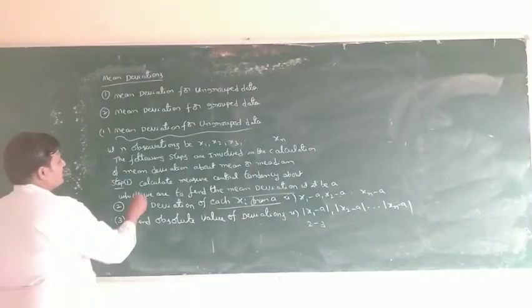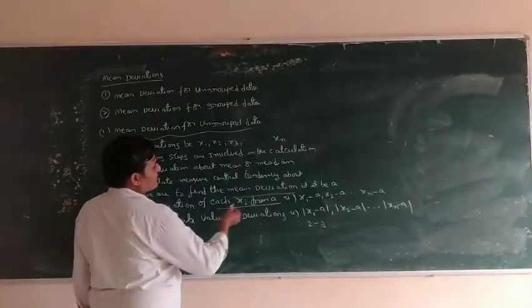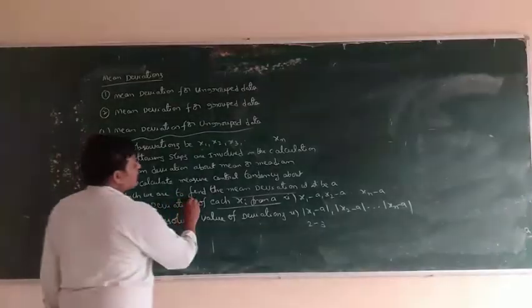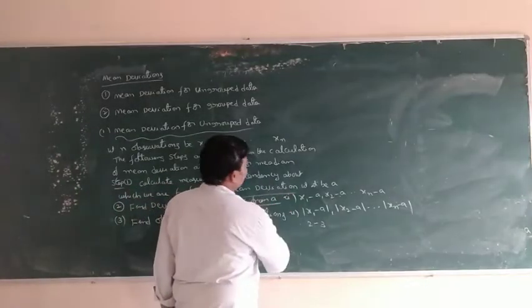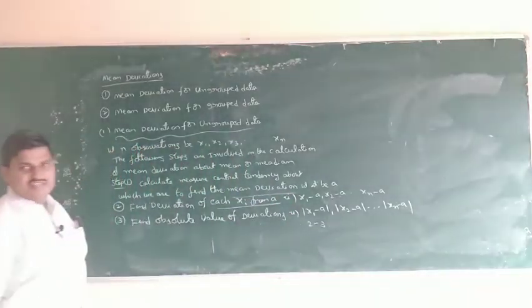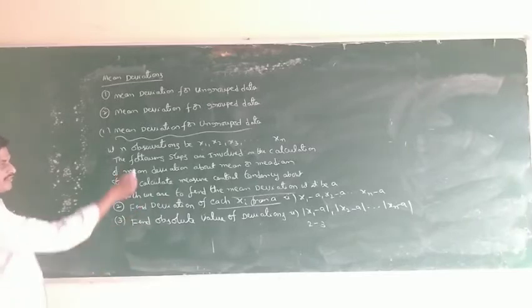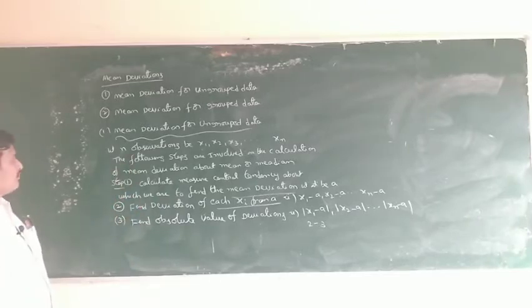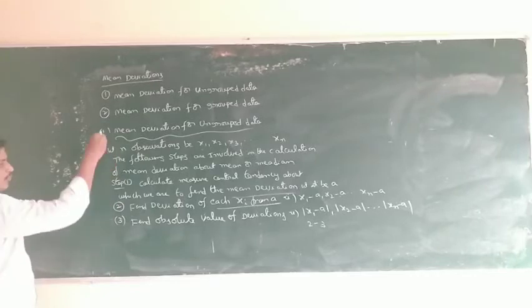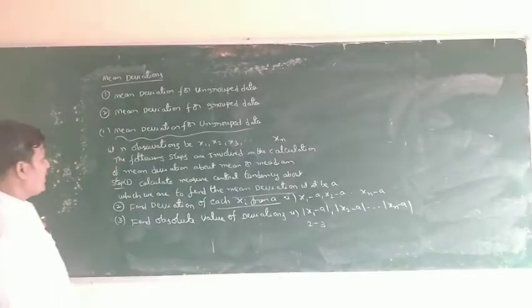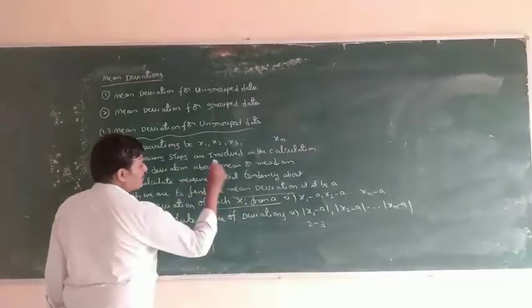Step 1, calculate the measure of central tendency about which we are to find the mean deviation, that is the median. Find the median of the given data. First you have to calculate the median.